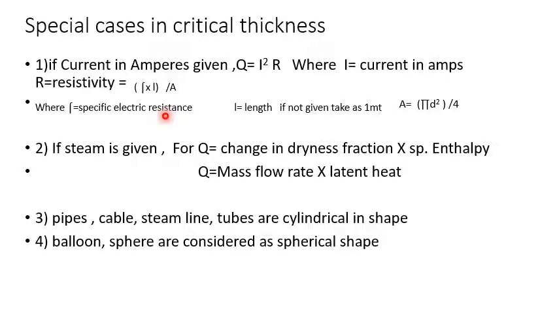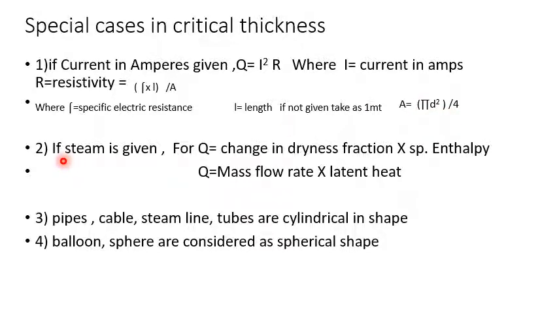And here the unit of rho, the specific electrical resistance, is ohm meter, and length is considered as 1 meter, and the area here is not a surface area, it is a cross sectional area, therefore we are using pi d square by 4. This is a very important thing to be noted down.